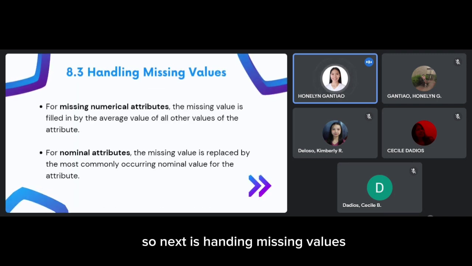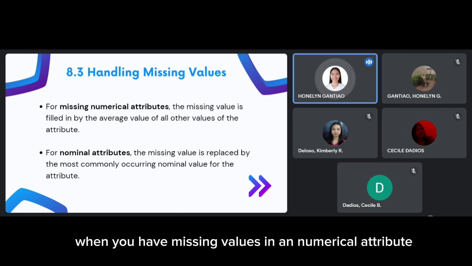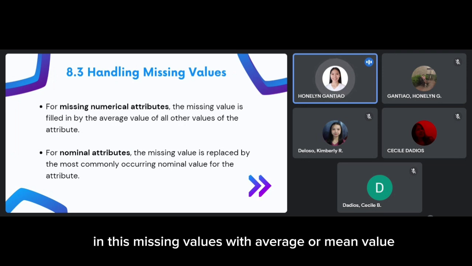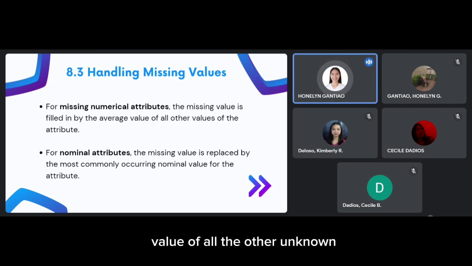Next is handling missing values. For missing numerical attributes, the missing value is filled in by the average value of all the other values of the attribute. When you have missing values in a numerical attribute, like age, income, temperature, and so on, a common approach is to fill in these missing values with the average or mean value of all the other known values for that attribute.